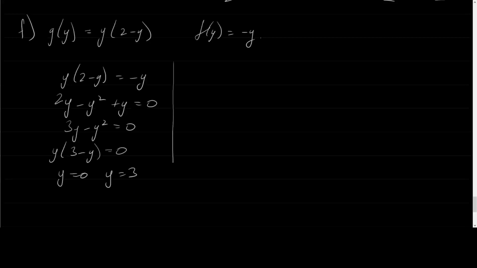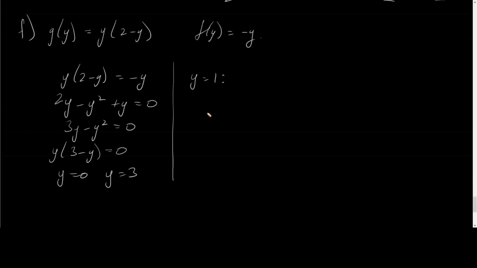So now let's see what's something in there that we can use to figure out which is the bigger function. Well, let's figure out what happens when y is 1. Our function g of 1 would be 1 times 2 minus 1, which is 1. Our function f of 1 would be negative of 1, which is negative 1.